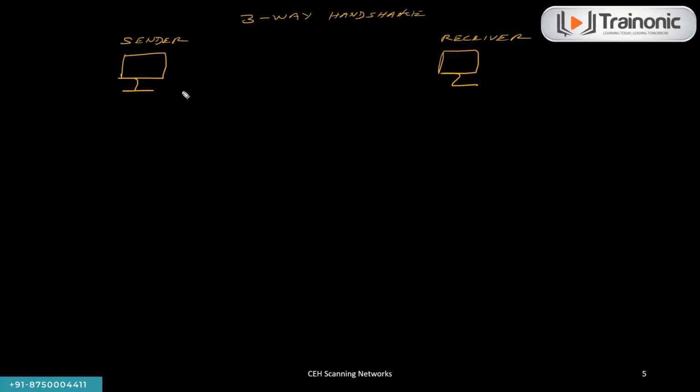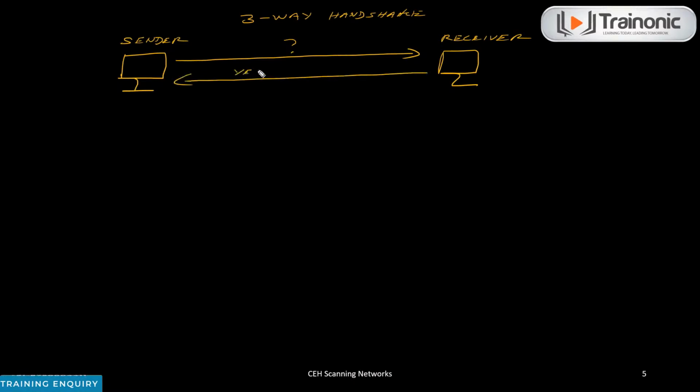Let's say before sending the data, it says, hey there, anyone? Are you alive? This PC says, yes, I am alive. Who are you? And this says, I'm the sender.